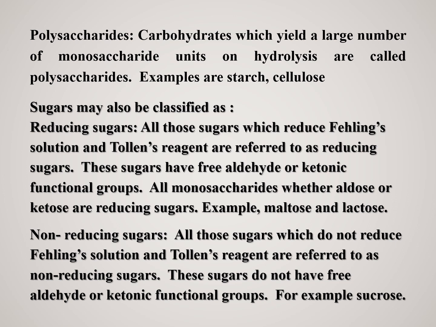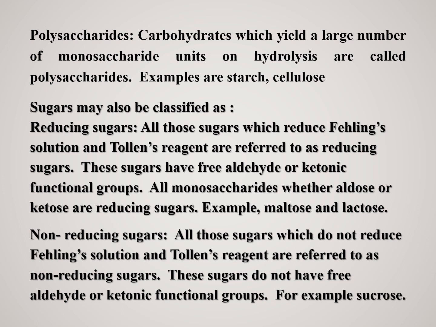Now, why can they do this? This is possible because reducing sugars have free aldehyde or ketonic functional groups. That means the aldehyde group, if it is present in the compound, can reduce the Fehling's solution or Tollens reagent, and that aldehyde or ketonic group should be free in the structure of the sugar.